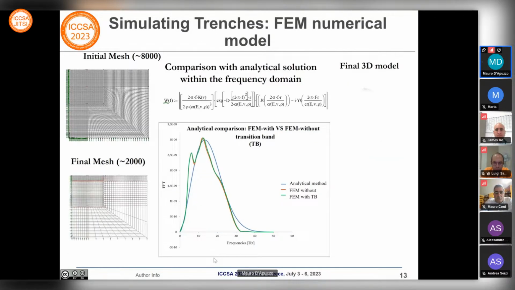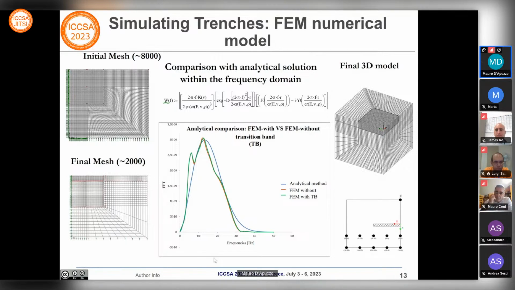The novel feature of this study is mainly focused on the development of a finite element method model that can be used to evaluate the effectiveness of an anti-vibrating trench that is mainly filled with some material.